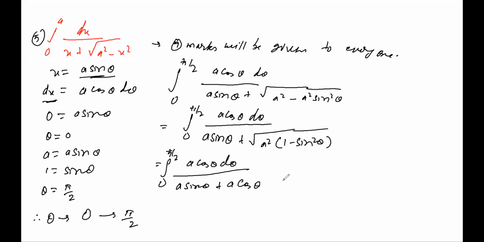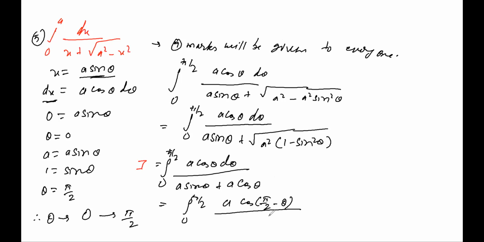Okay, next what you have to do: a cos theta d theta upon a sin theta plus cos theta. Now use a simple property. Let us assume this one as I. Now continue with the property: integral 0 to pi by 2 of f(pi by 2 minus theta).